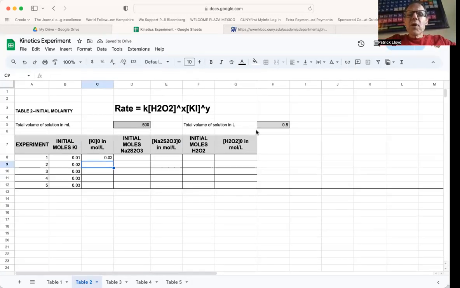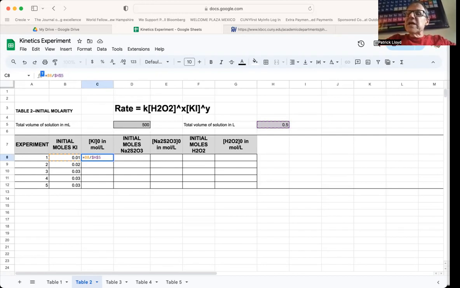Now, here you have to be a little bit careful. The problem is that when we try to come down now, it's going to automatically try to keep going down. It's going to think there's a pattern. So the way we say no, for every one of these we want to divide by 0.5, is we could just divide by 0.5 instead of equal sign B8 over cell H5. But another maybe more elegant way to do it is to put a dollar sign in front of the H and a dollar sign in front of the 5.